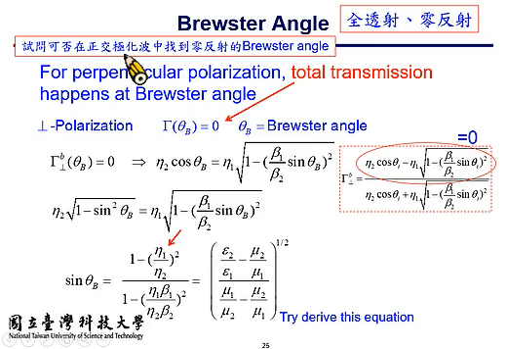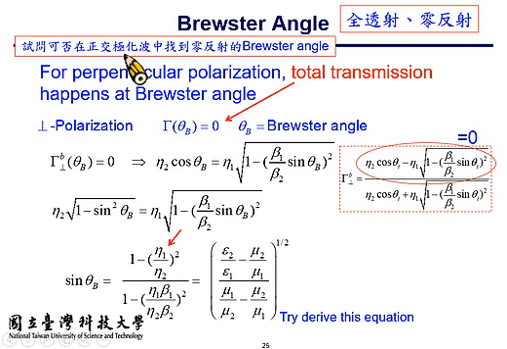And if you massage this equation a little bit, you have the sine of theta b, and you end up with this result. So let's check if we can meet this condition for a true medium.